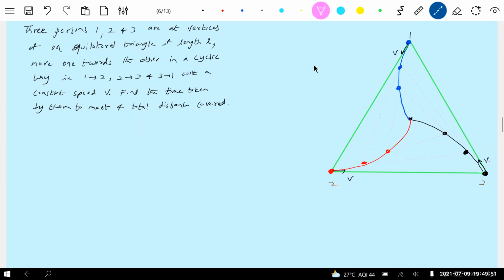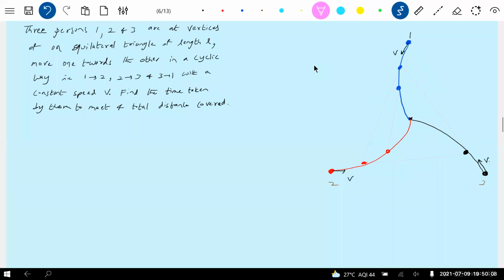So what's happening now? They are going to move in a curve, I think the curve is a little bit off. I'll adjust the diagram so that it will be conceptually correct.